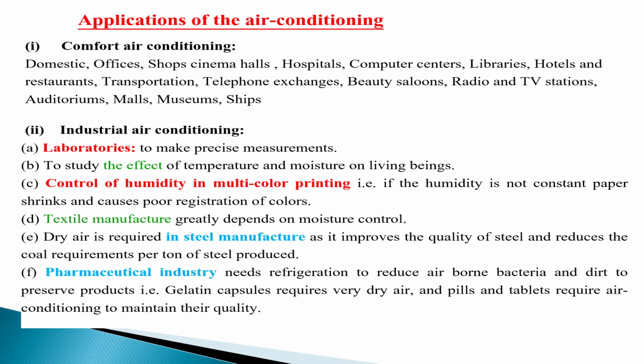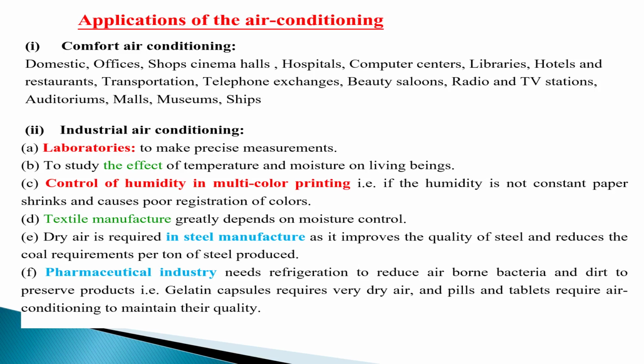Then industrial air conditioning: laboratories to make precise measurements, especially in metrological laboratories where the measurement is to be done precisely. Then in servicing of some components of automobiles or aircraft, wherein the temperature is to be maintained properly.